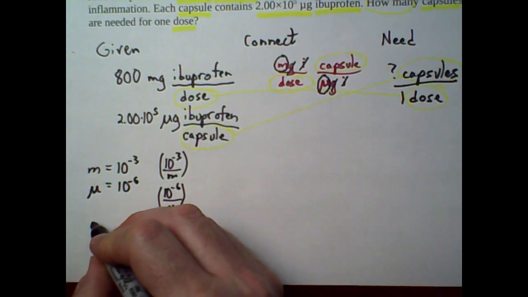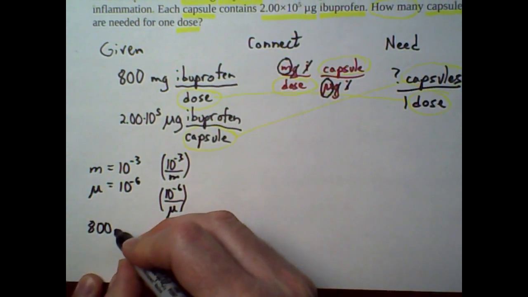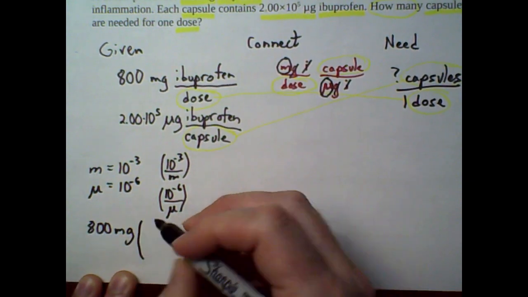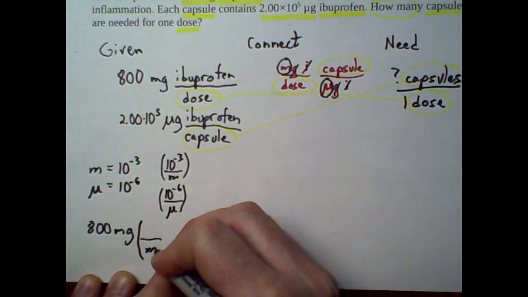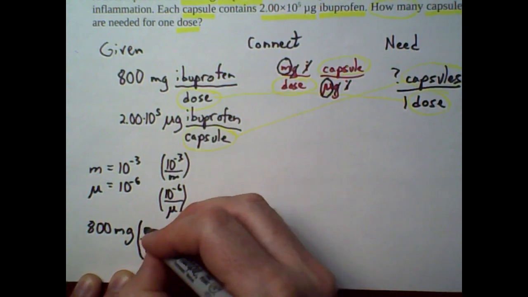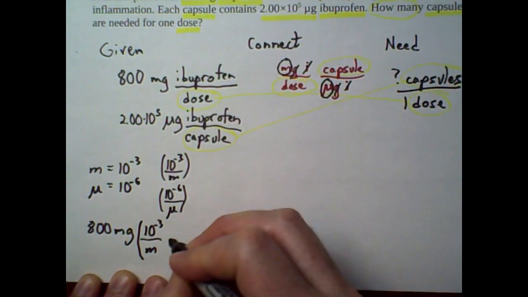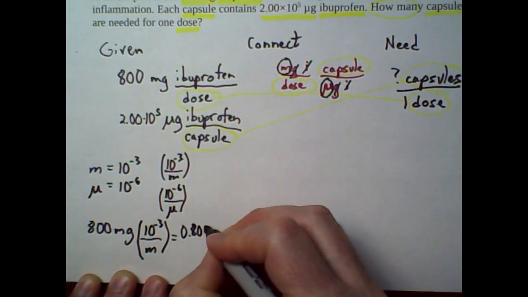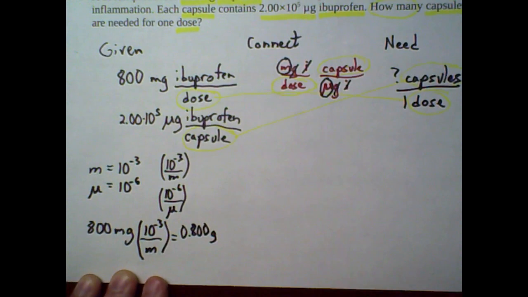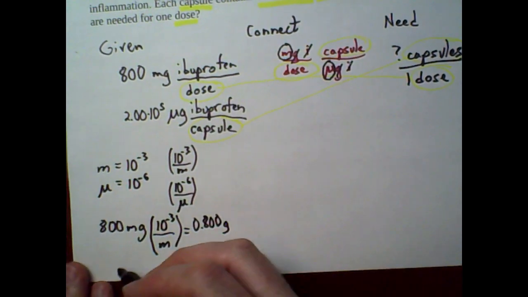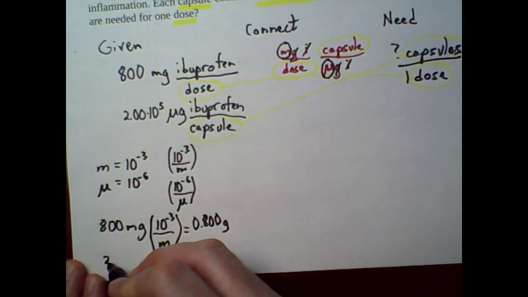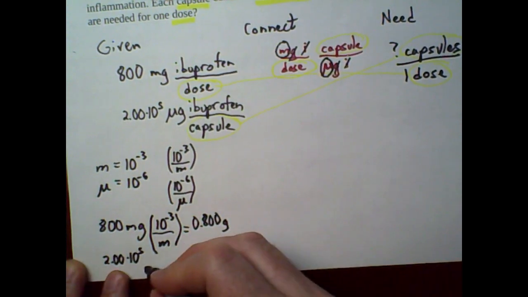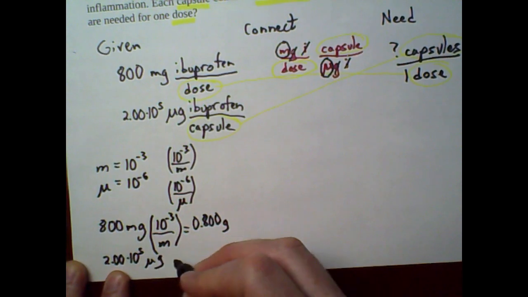So 800 milligrams. I want to cancel the milli, so I would use my conversion factor with milli on the bottom and 10 to the minus 3 on the top, and it becomes 0.800 grams. I can do the same with my micro, 2.00 times 10 to the 5th micrograms.